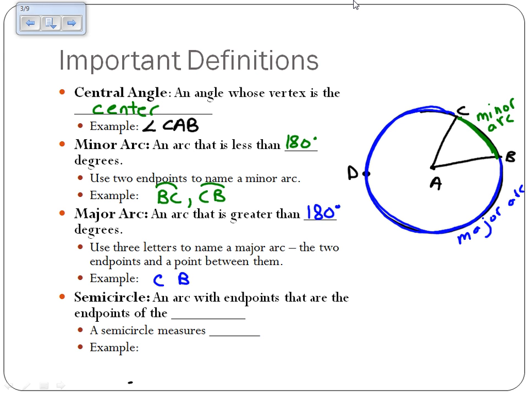So you see how we travel along? It's going to go through point D. Okay? You need to add that 3rd letter, because if you just put CB, it's going to think you're talking about the minor arc. So always take the shortest route, unless they give you a place you have to go in between. So in this case, we need to go through D on our way. Does that make sense? Like you got to pick up D on your way to your friend's house.